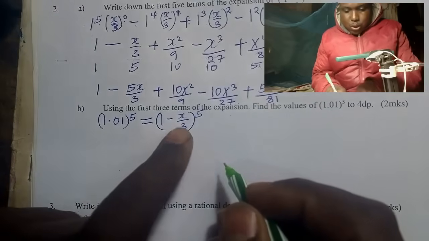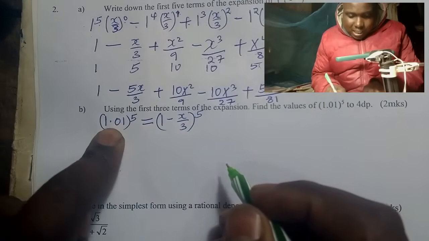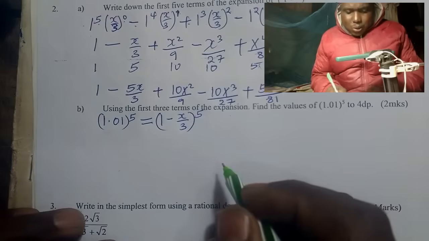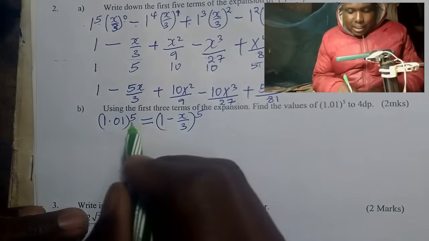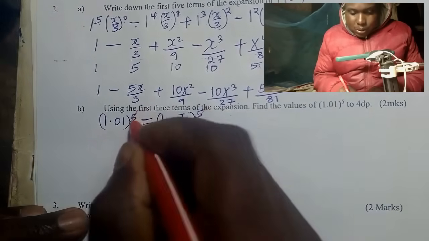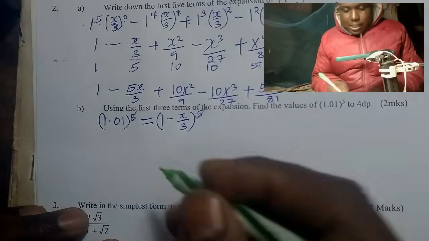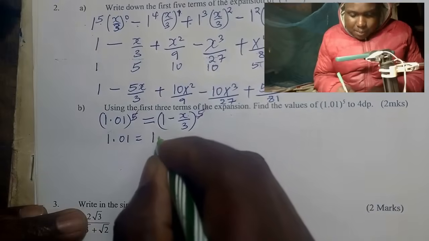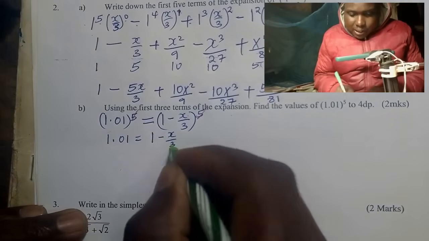Because we are going to use this expansion, they are related. The simple way to do this: we want the value of x. The power and the power are both 5, so you cancel them out. So we remain with 1.01 is equal to 1 minus x over 3.